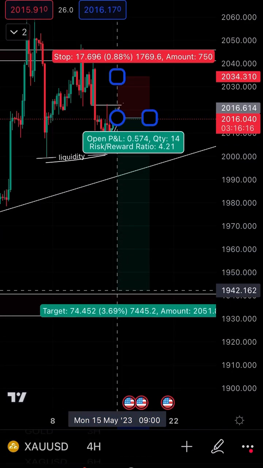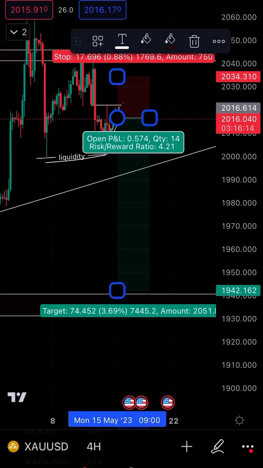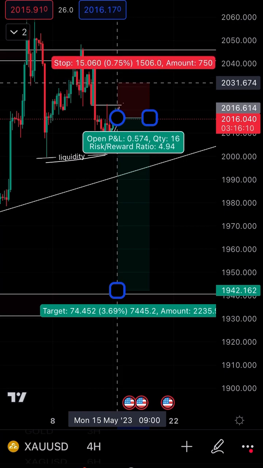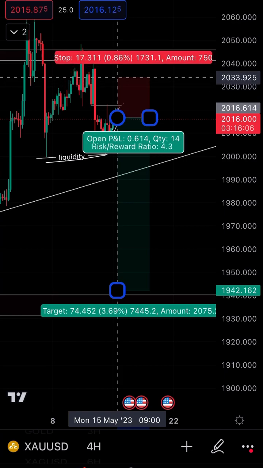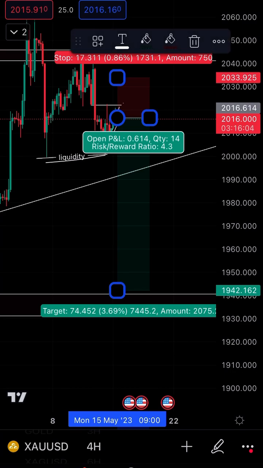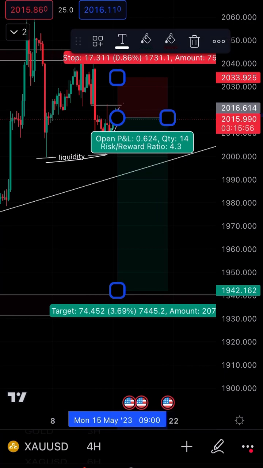So you can put a risk to reward ratio of maybe 4.2, then put a 2030 stop loss, or even probably 2030 something. You still have a, what's the risk to reward ratio? 4.3 risk to reward ratio.